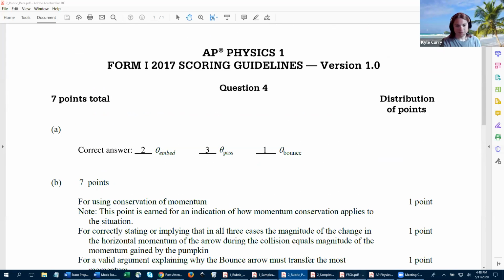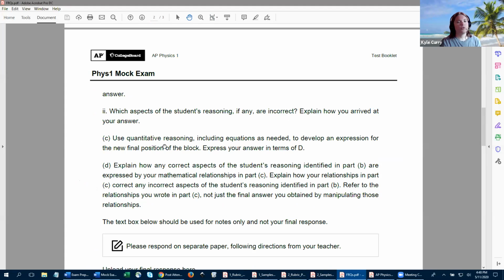Once again, just to give you an idea of what was supposed to take place here: use quantitative reasoning, including equations as needed, to develop an expression for the new final position of the block. Express your answer in terms of D. You will not have to do this on the AP Physics 1 exam this year. You're not expected to use equations.